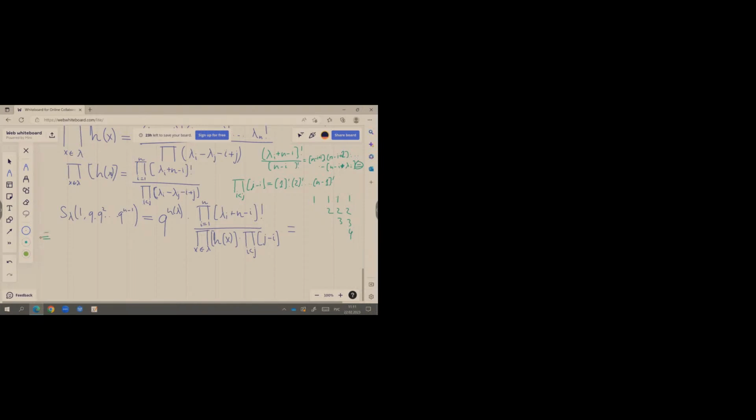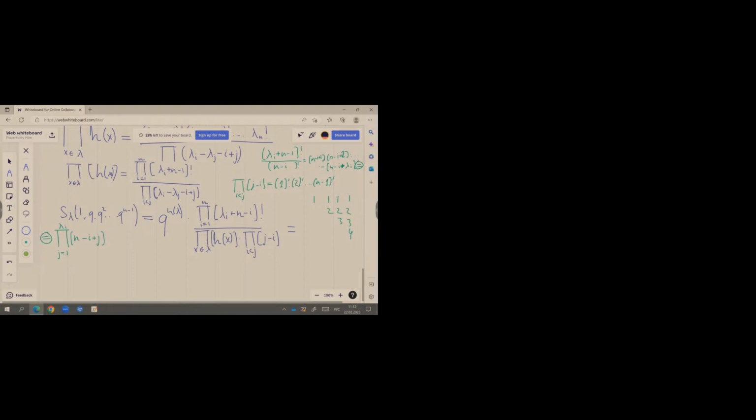I'll say that the product of entries in the row number i is equal to the product over j from 1 to lambda i of n minus i plus j. Right? Sounds good.